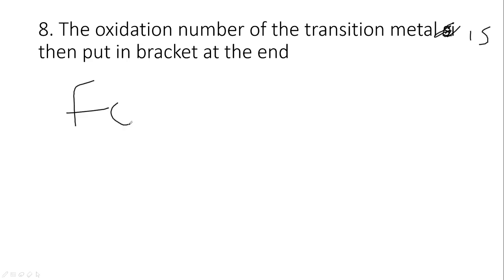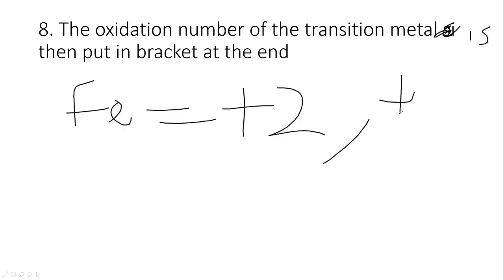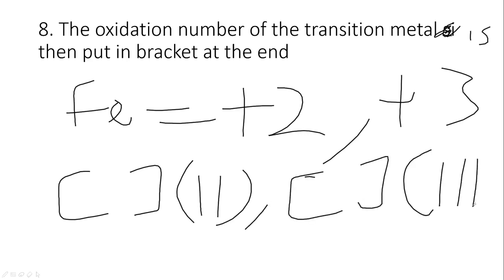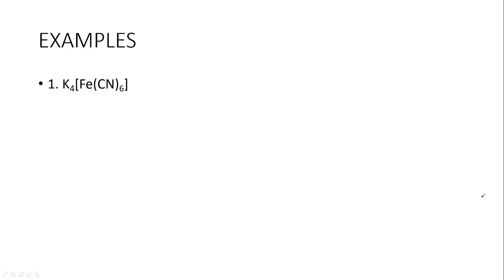For something like iron, the oxidation number we can expect is +2 and +3. So if it's +2 and we are done naming the complex, then we put the oxidation number. If it's 2, we write 2 in Roman numerals at the back. If it's 3, we write 3 in Roman numerals. Always write it in Roman numerals, just like naming normally. But always remember the oxidation numbers.